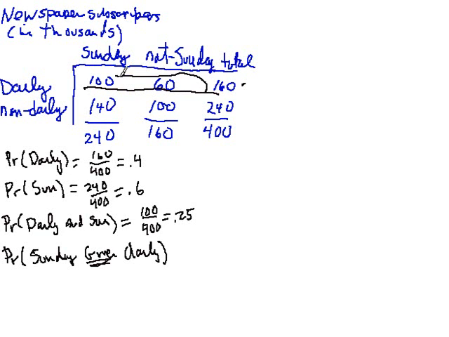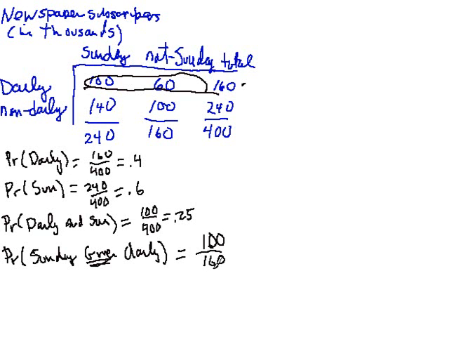So we're going to be looking at this total set, and we're not looking at all households. We're only looking at the total of 160,000 households here. And so this probability is going to be the Sunday subscribers, 100,000 out of a total of 160,000 subscribers.